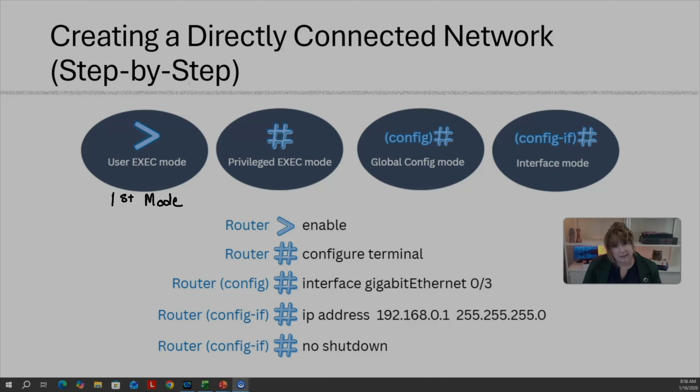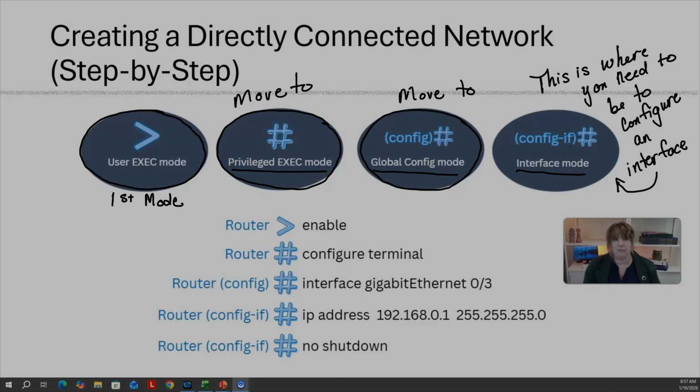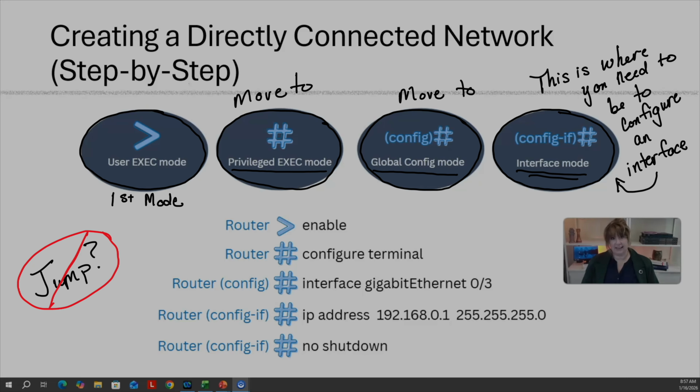When you first access a router, you're placed in user exec mode. To configure an interface, we must be in interface mode. So you can always identify the mode you're in by looking at the command line prompt. So just to review, user exec mode is indicated by a greater than sign.